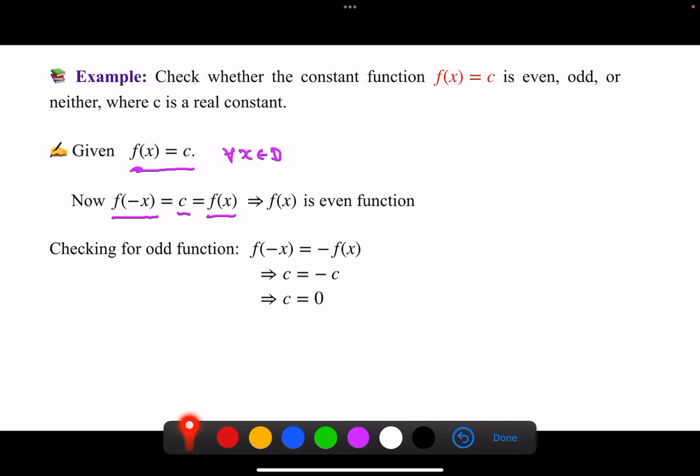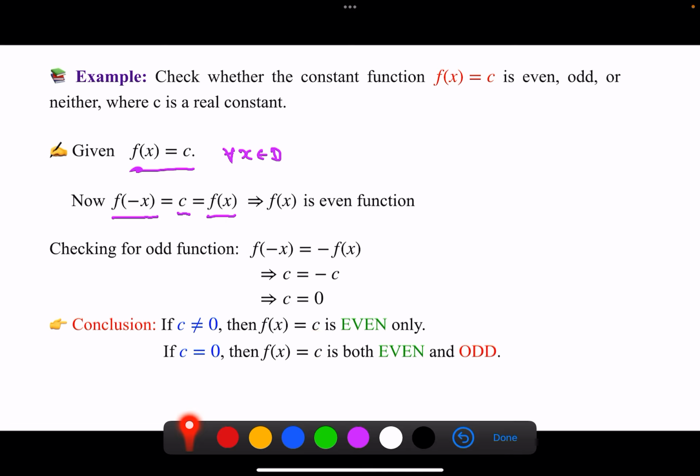It means if c is 0, then the constant function will be an odd function also. So we can conclude if c is not equal to 0, then the function f of x equal to c, the constant function, is even only. But if c equal to 0, then the constant function is both even and odd.